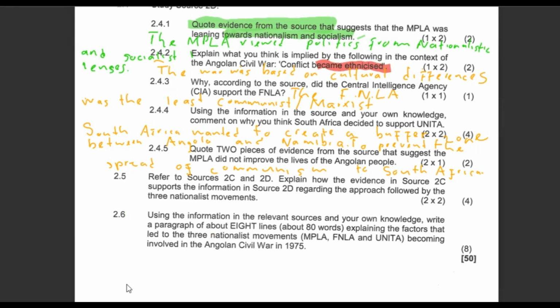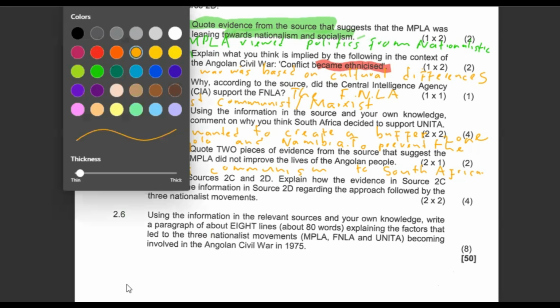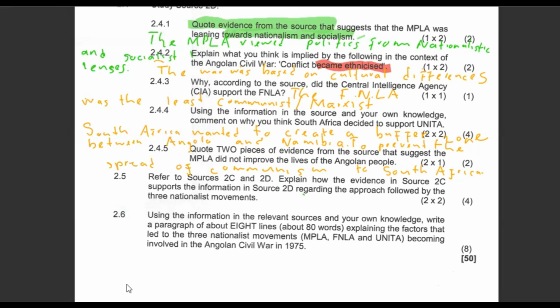Now going on to 2.4.5, quote two pieces of evidence from the source that suggest the MPLA did not improve the lives of the Angolan people. So there is evidence in the source which shows that the MPLA was doing things for its own benefit, but it did not benefit the ordinary Angolan people.